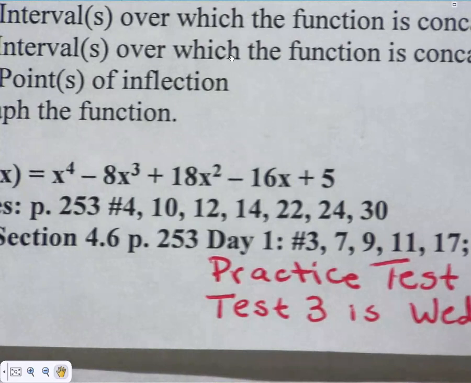Yes, look at your homework because it may be different than what you printed. 3, 7, 9, 11, and 17. And then start working on that practice test. Basically, you should not have a life this weekend or any weekend before a calculus test.